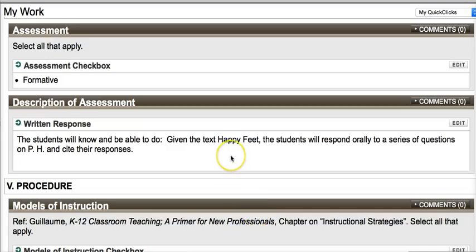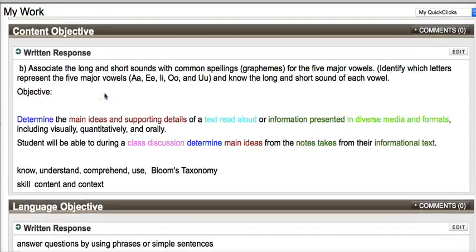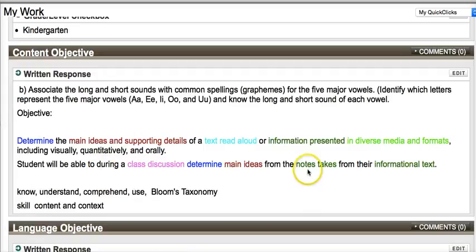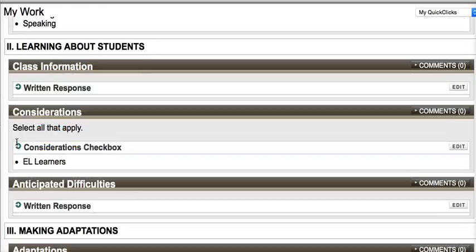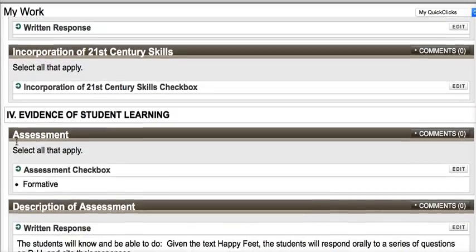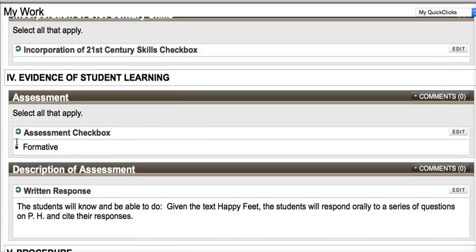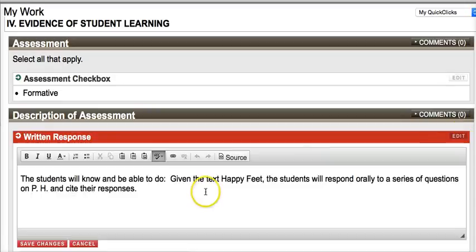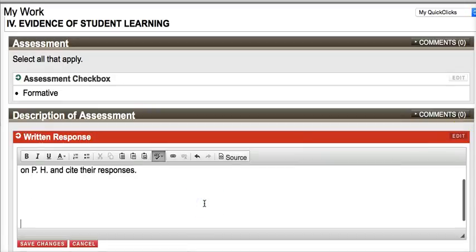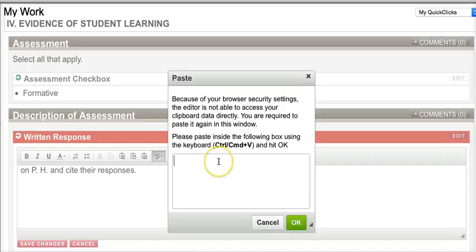Now, what this means is my assessment description now will be formative in nature, and I want to go back up here. And this is what we are assessing the students on. I am going to export down here in the assessment description both the standard and the objective that I have written above.